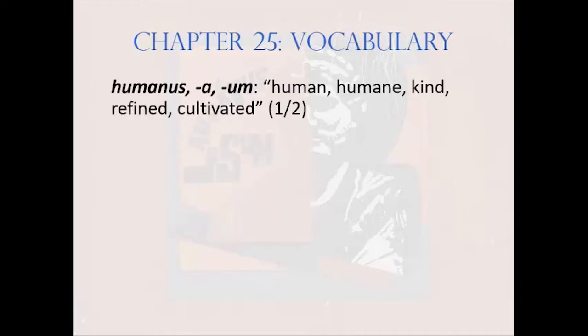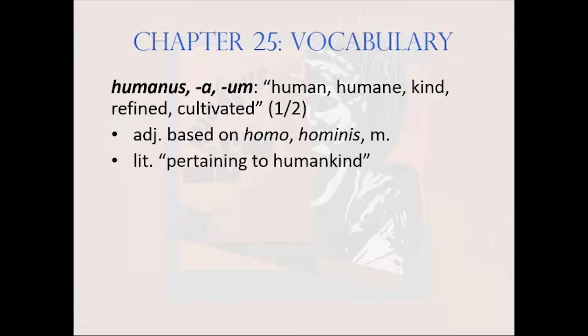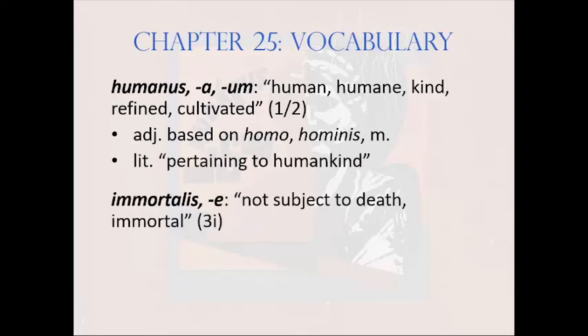The next word is humanus, meaning humane, kind, refined, or cultivated. It's a first-second declension adjective, employing the same base as the noun homo hominis. Thus it means literally pertaining to humankind. The next word is another adjective, immortalis, immortale, meaning not subject to death, immortal.